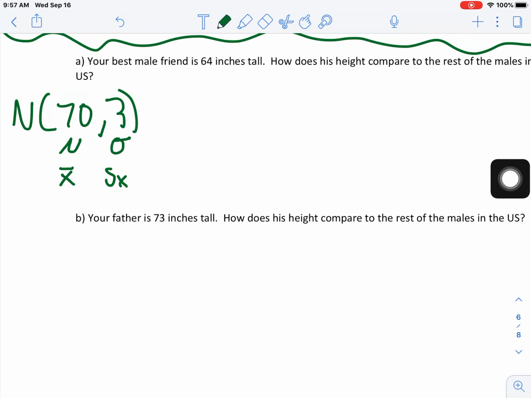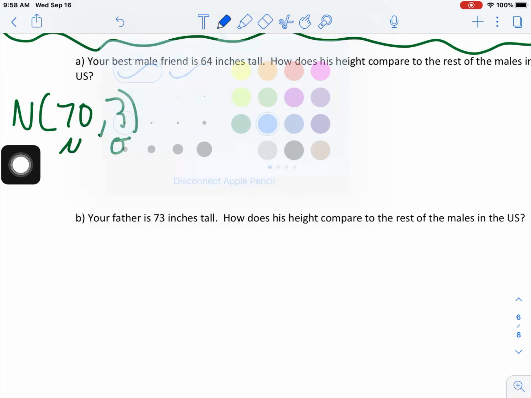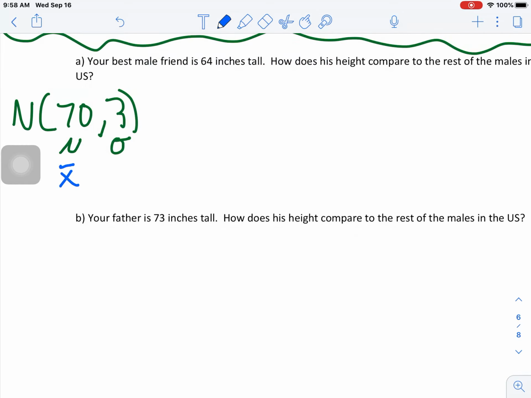But when we're talking about populations, and in this case we're talking about like the population of all U.S. men, we want to use these two symbols. Whenever we have a sample, like a small sample, say maybe of 30 kids or 50 adults, that's when we would use this notation. So if you want to write that down so you remember, that might be helpful.